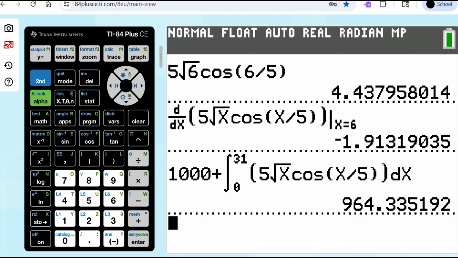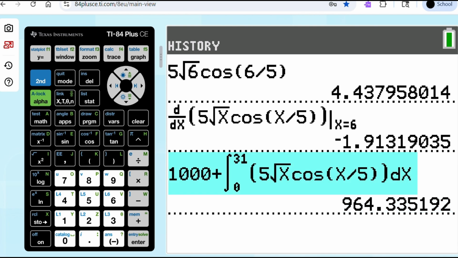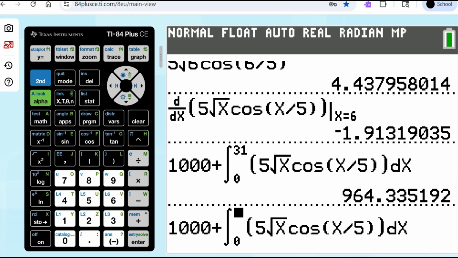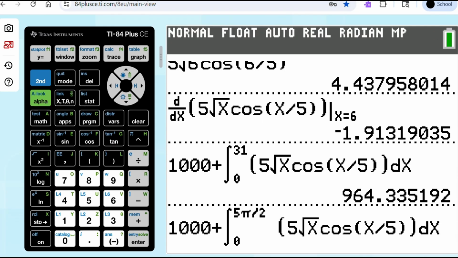And the nice thing is we've already basically typed this whole thing in, except with the wrong upper limit. So if I just highlight that and hit enter, it brings it in, and I can just go back, and instead of having a 31, I can put in 5 pi over 2.